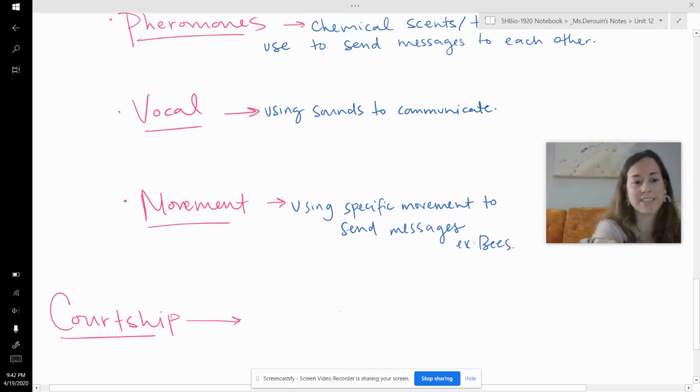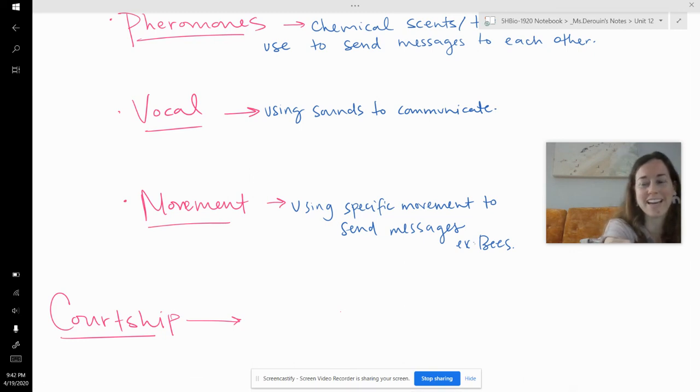It's called the waggle dance, which is a funny name, but it is really called that. And they actually can communicate the exact distance a flower is from the hive if it's a good pollen source for them. I'll link a video to it, but it's really mathematically amazing that they're able to do it. So that's one movement example.